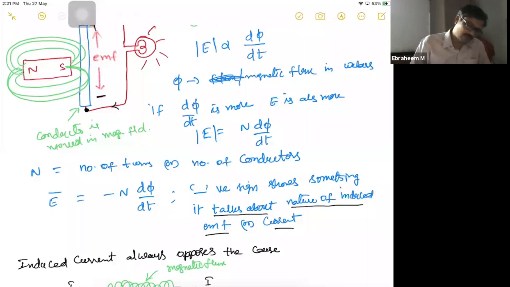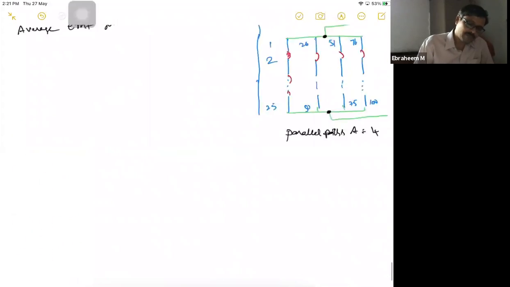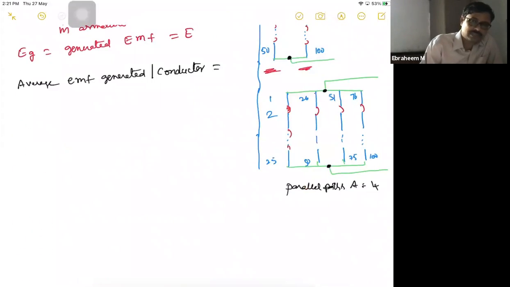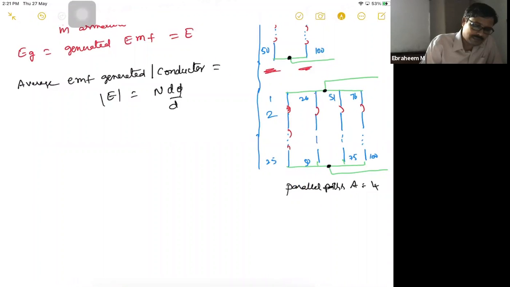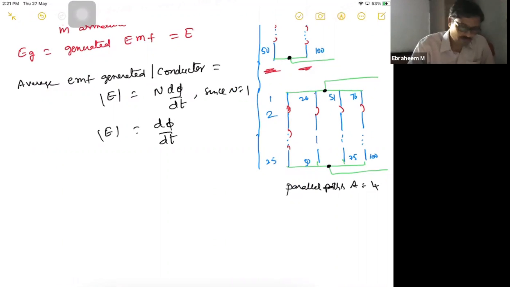So if n is equal to 1, the magnitude of EMF is E equals d phi by dt volts, right? Because it is voltage. So the average EMF generated per one conductor is d phi by dt volts.